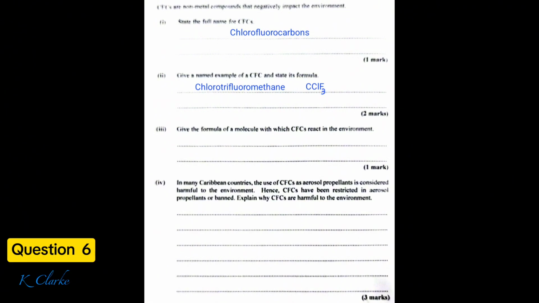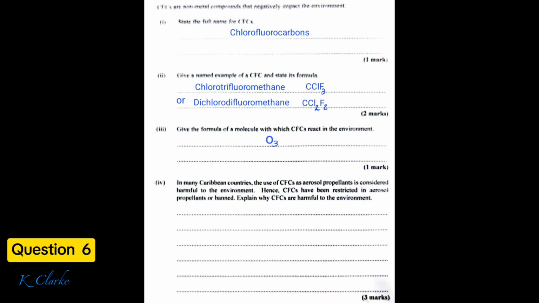Another example is dichlorodifluoromethane, and the chemical formula is CCl2F2. Part 3. Give the formula of a molecule in which CFCs react in the environment. Now this molecule is ozone and the chemical formula is capital O3.